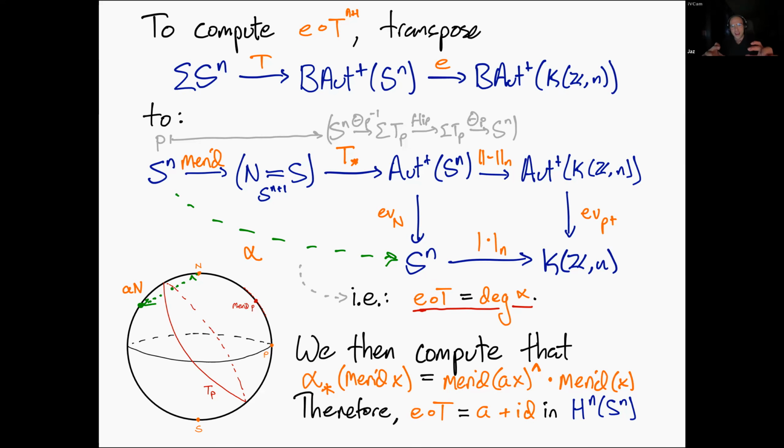It's really nice. It shows that if you apply alpha to the meridian, you get this composite of the meridian of the antipode with the meridian at that point. Where that little caret symbol just means, again, fudge it so that you can actually compose these two things in the canonical way, the way that cancels out the other fudging I did.